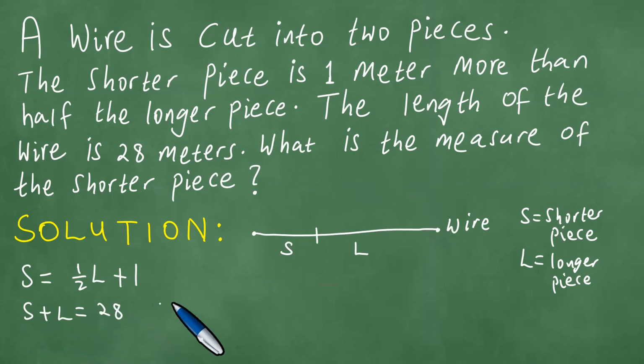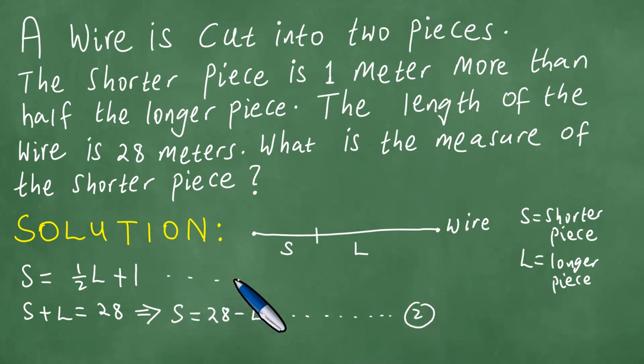So we can make the shorter piece the subject of the equation, so that S is 28 minus L. This is equation 2, and the other is equation 1.